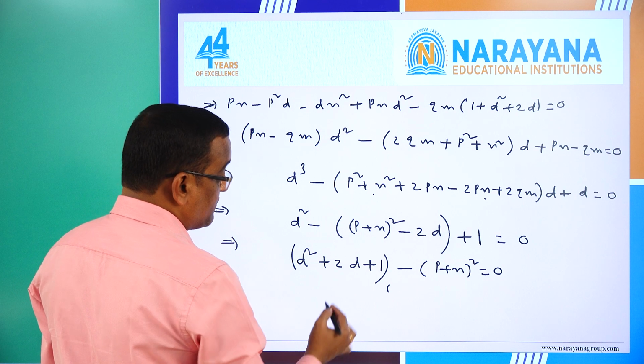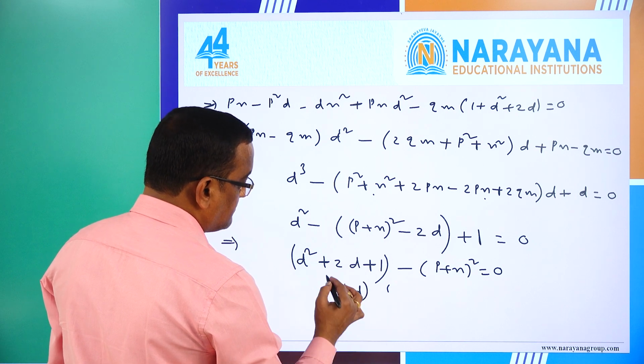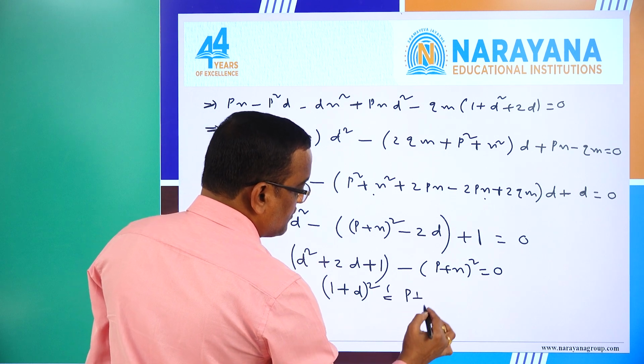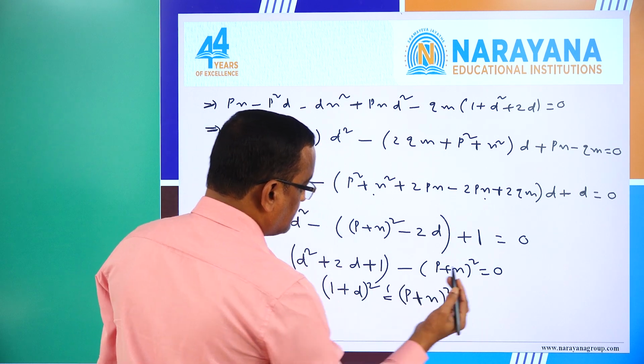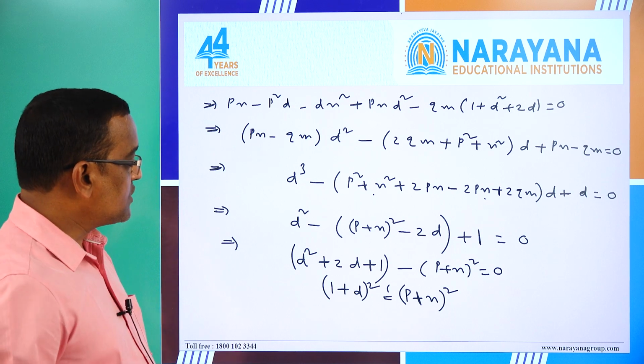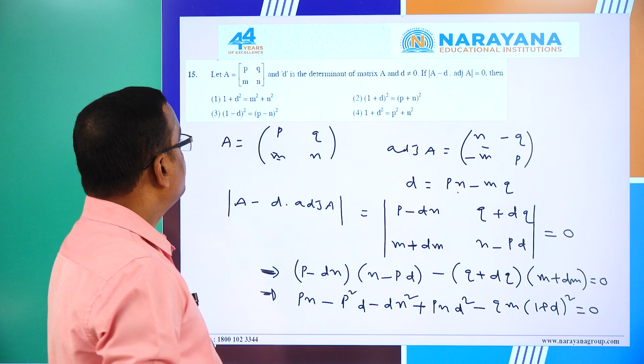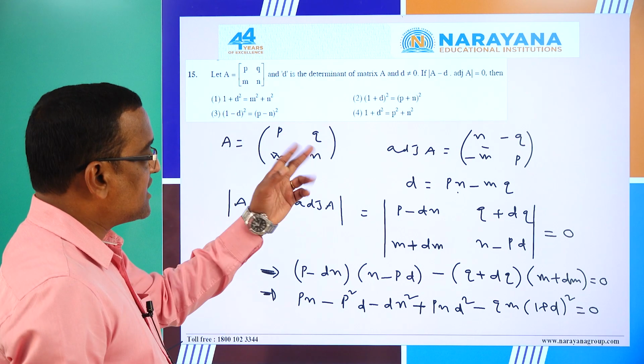So d square plus 2d plus 1 is 1 plus d whole square, and taking this to that side, it is p plus n whole square. So 1 plus d whole square is equal to p plus n whole square. Second option.